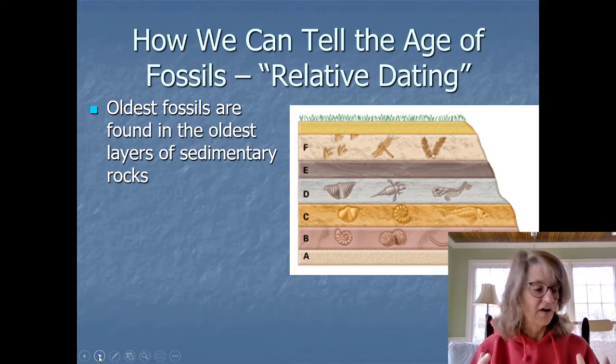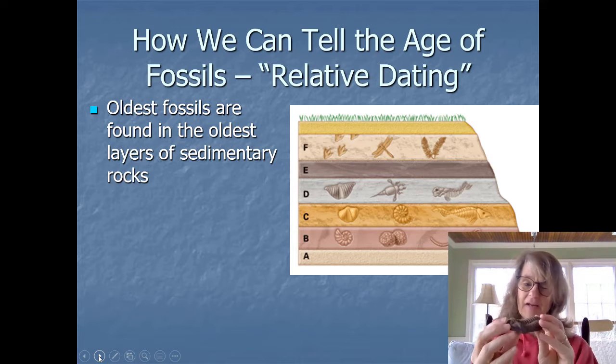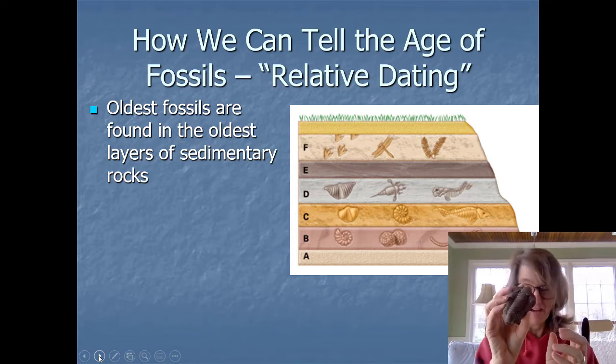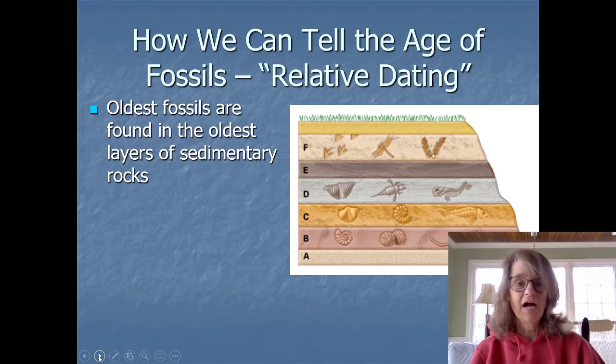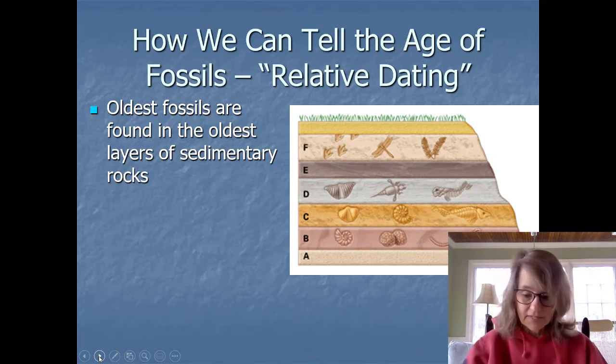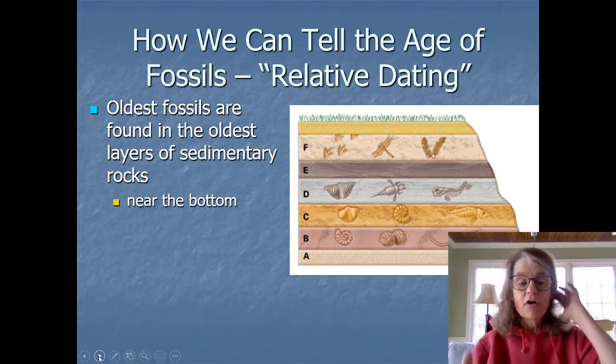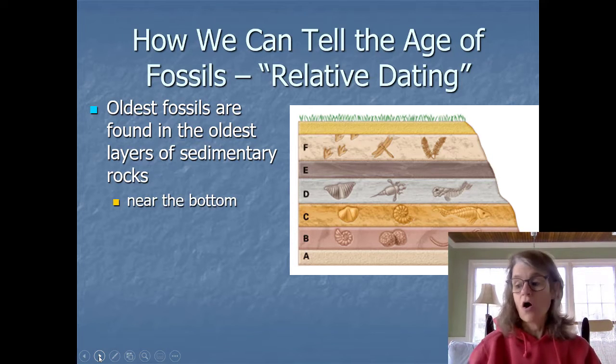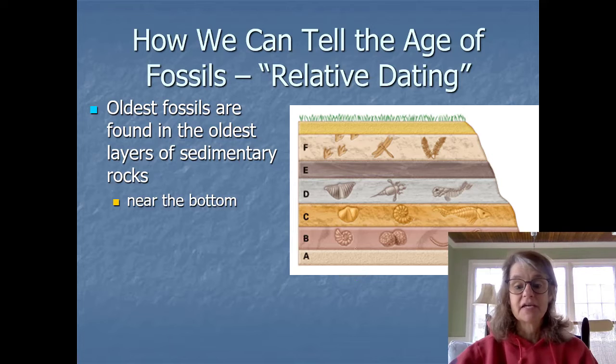Our oldest fossils, like this, maybe not our oldest fossils that we have, but this is pretty old, are found in the oldest layers of rock. Makes sense, okay? Those oldest layers are near the bottom, which makes sense.